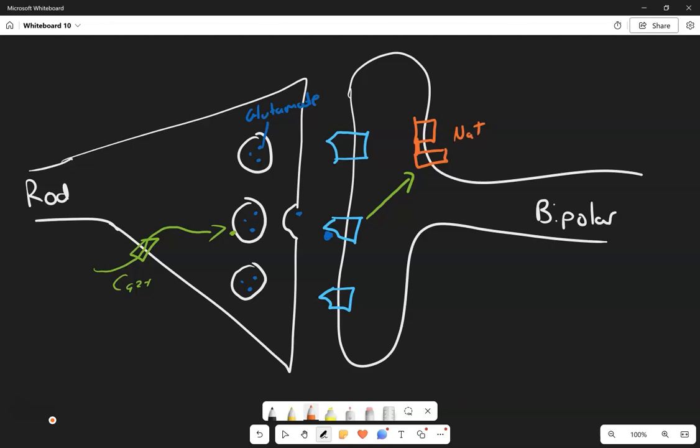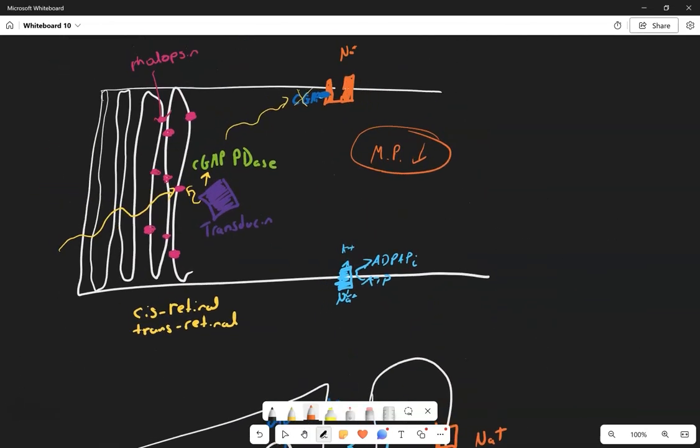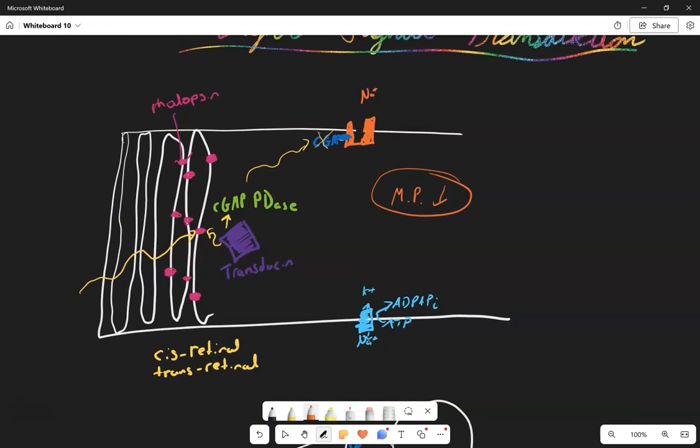All right, now let's go back up here for a minute. Stay with me. When light comes in and hits the rhodopsin, causing cis-retinol to go to trans-retinol, transducin interacts. We get the production and activation of cyclic GMP phosphodiesterase, which breaks down the cyclic GMP and closes our sodium channel. Our membrane potential goes down.